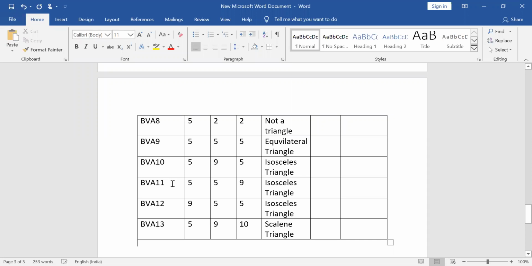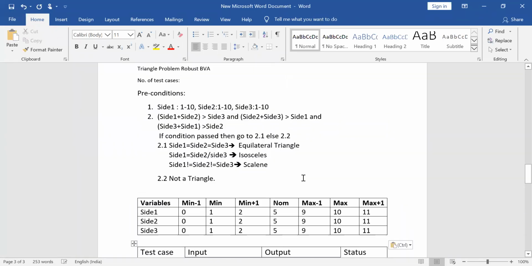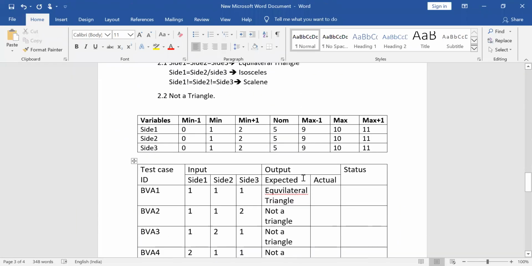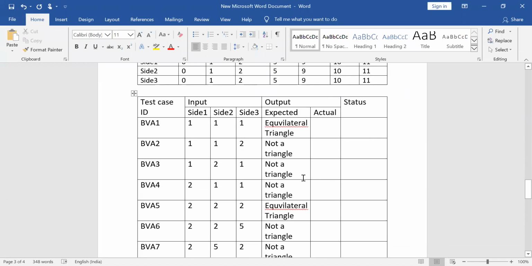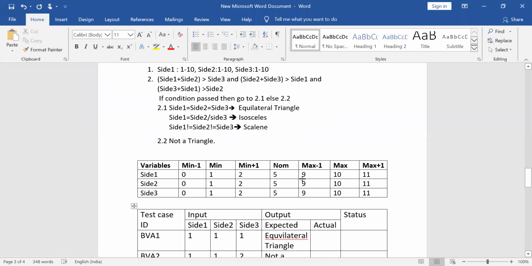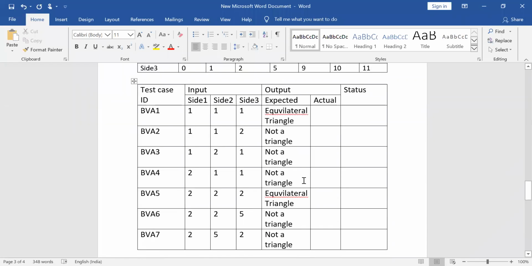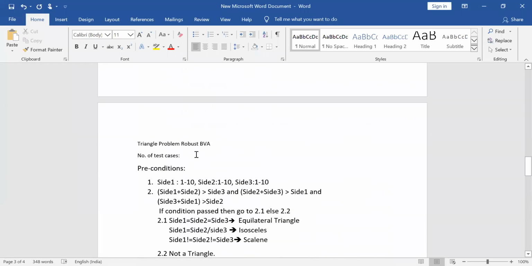Same table, I won't change anything. The only thing I'll be changing is involving the remaining 6 cases, because you told that the total number of test cases is 19.